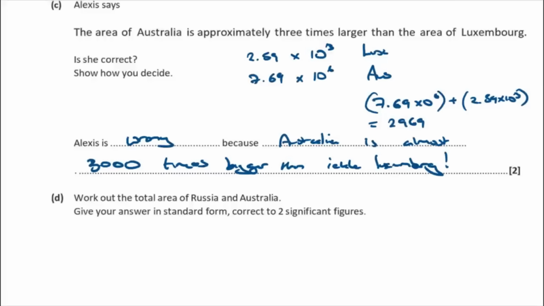Okay, so I'm going to add these two together. Again, it's a calculator paper, so I'm just going to use the calculator function to do it. So 1.71 times 10 to the 7 plus Australia, which was 7.69 times 10 to the 6.